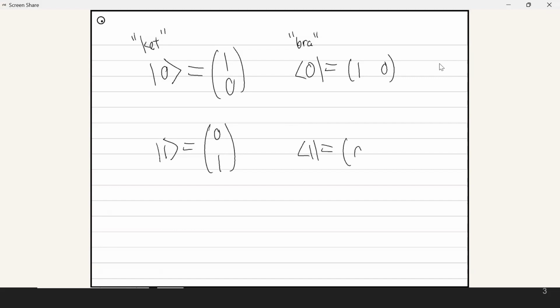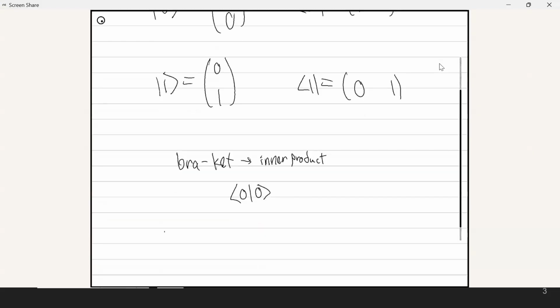So these are just the transpose of each other in simple terms. The details here aren't too important because you don't need to use this vector notation today.